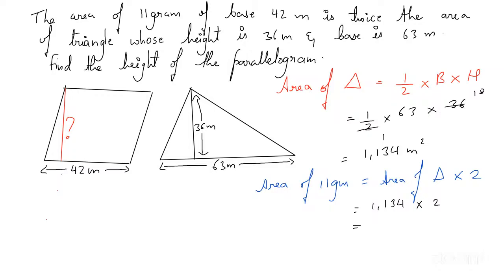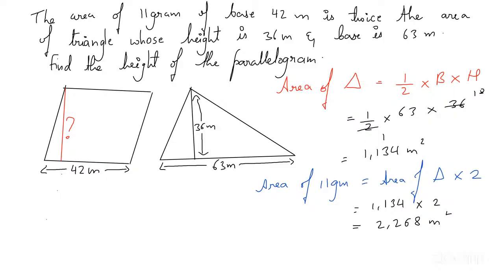So 1,134 into 2 is 2,268 meters square. Now we'll find out the height.